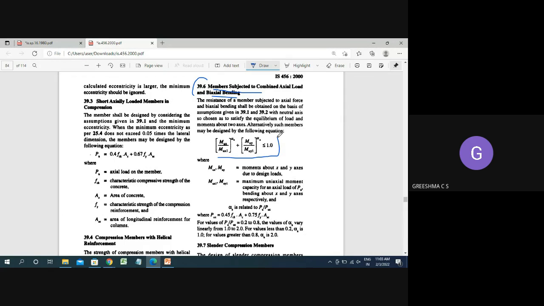So this condition has to be satisfied: MUX divided by MUX1, plus MUY divided by MUY1, all raised to alpha n, should be less than 1. All the values we know.